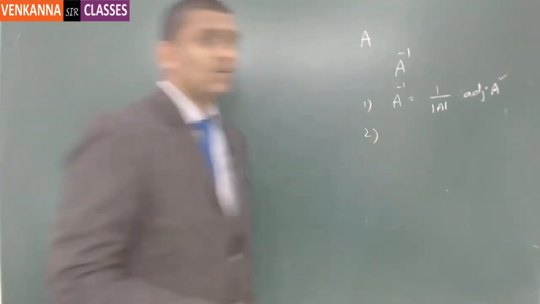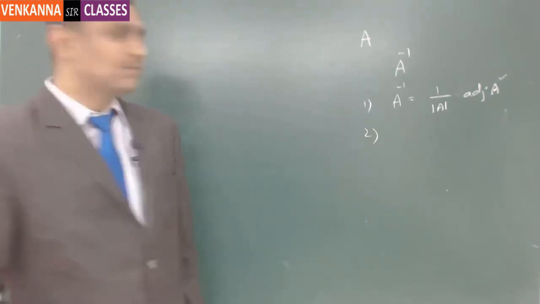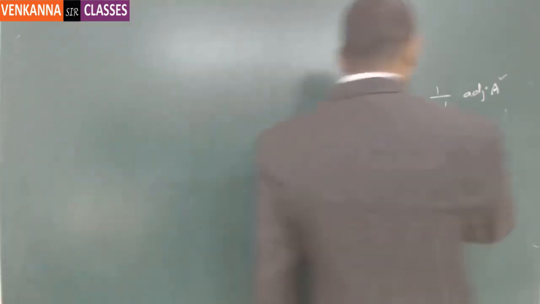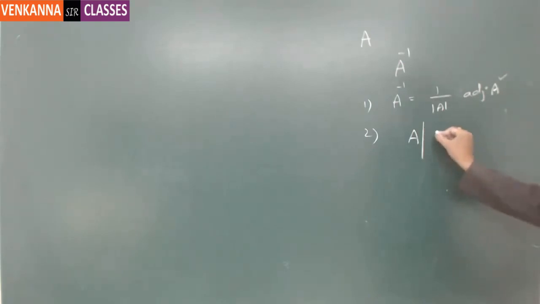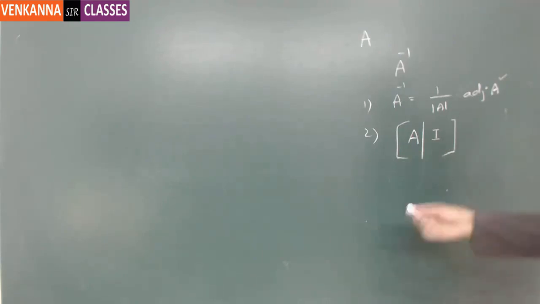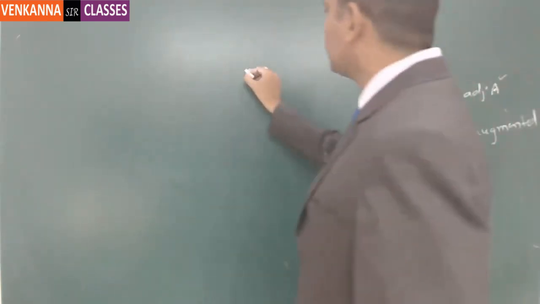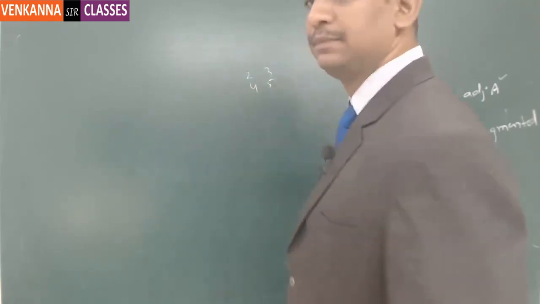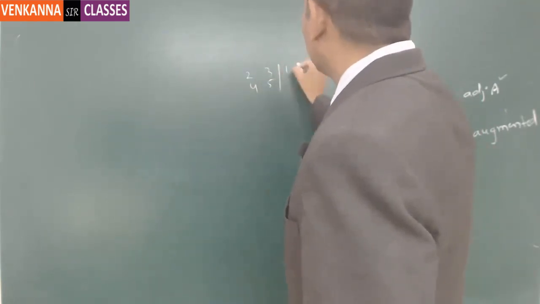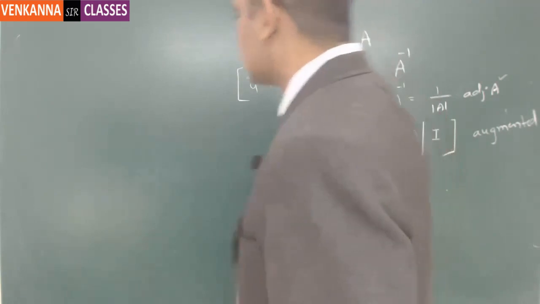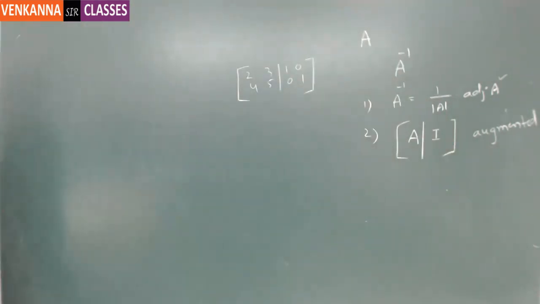And second, we call it the Gauss-Jordan method. We take the matrix A, and alongside it we consider the identity matrix of the same order as A. We call this the augmented matrix. Suppose A is equal to 2, 3, 4, 5. The corresponding identity matrix is 1, 0, 0, 1. If you take them together, we call it the augmented matrix [A | I].